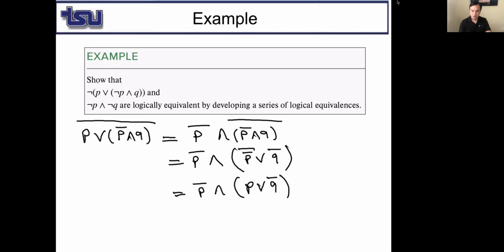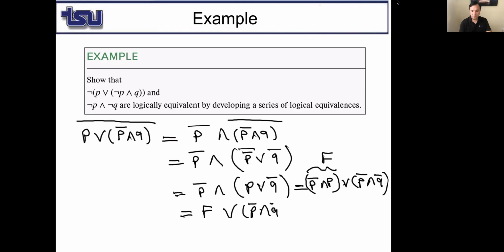And then I will use the distributive law. I will say this is P naught and P, okay, or P naught and Q naught. And what is P naught and P? This is always false. So that means false or P naught and Q naught.